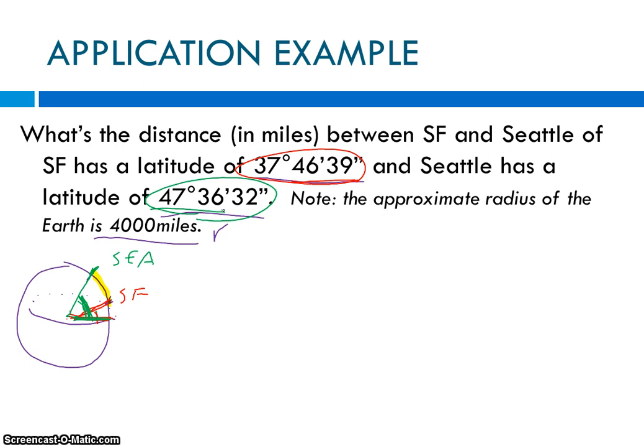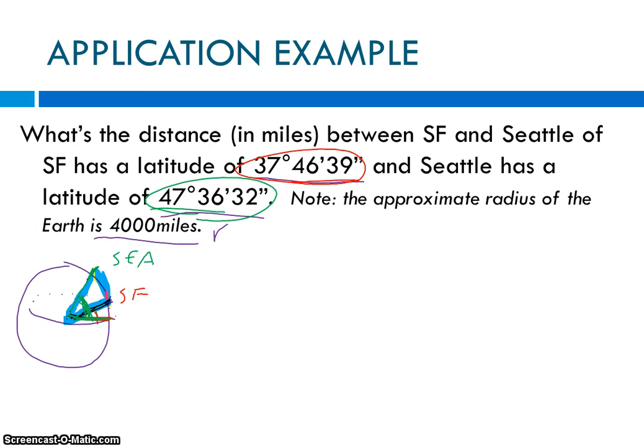Now what I'm going to be looking at, if I switch over to my highlighter, is a sector, a piece of this section of the Earth. It's between Seattle and San Francisco, and then my arc length. I'm just looking at that little piece there.